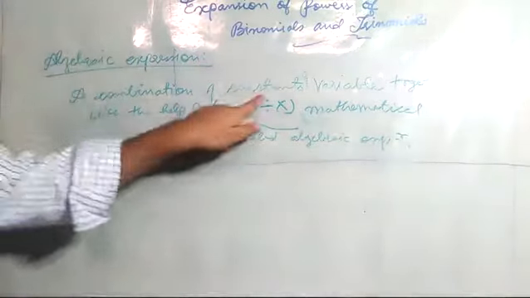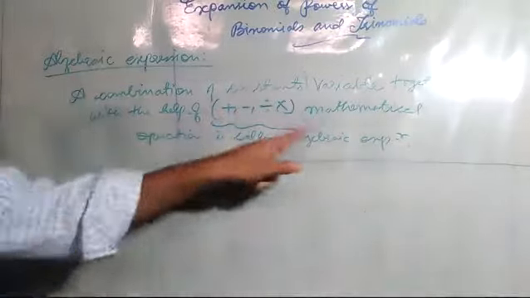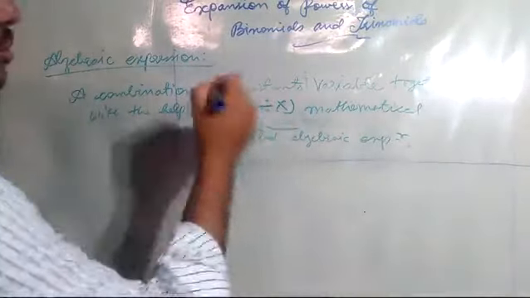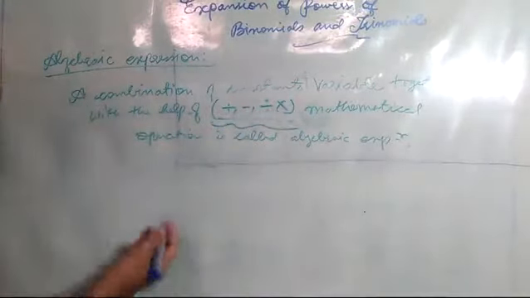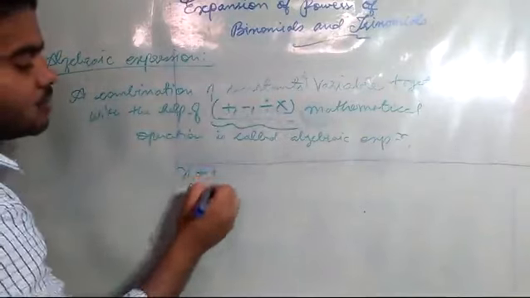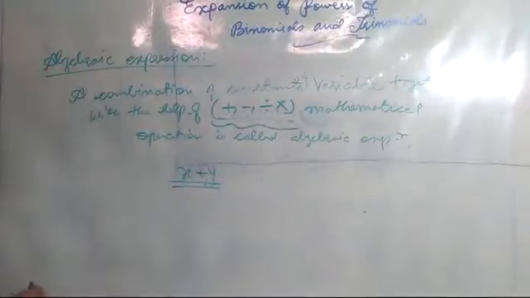A combination of constant and variable together with the help of these four symbols is called as algebraic expression. Like x plus y, this is one algebraic expression.